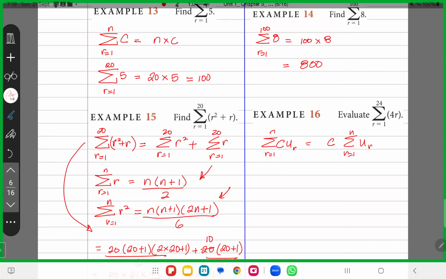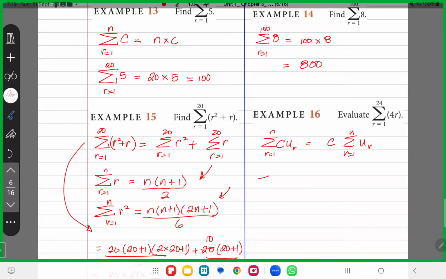In other words, if we're multiplying by a number, we can simply pull the number out, sum the series, and then simply multiply by C.